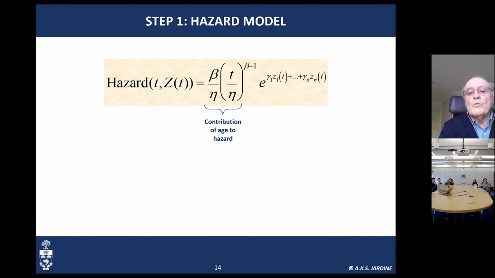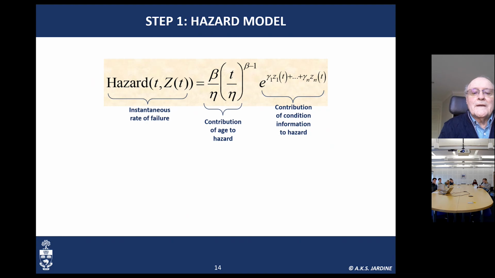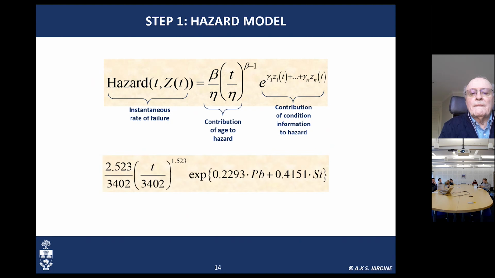Now, many of you may know about Weibull analysis, and that first component is the risk of failing dependent upon age and the type of failures you get. Beta is called the shape parameter in a Weibull distribution. And then you have another part to the equation, which is the contribution of condition monitoring information. And together we get the instantaneous rate of failure.